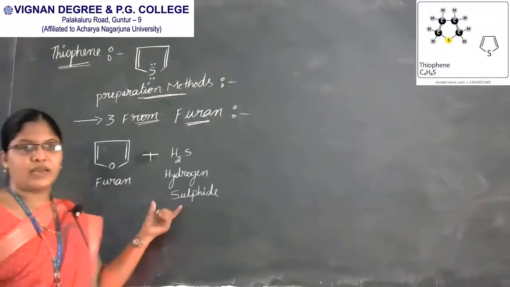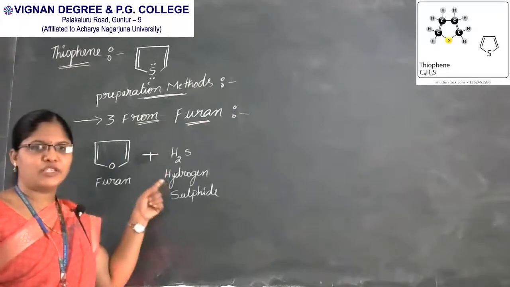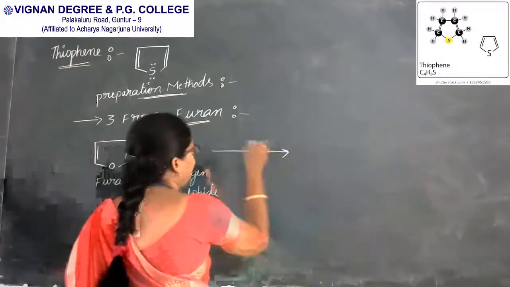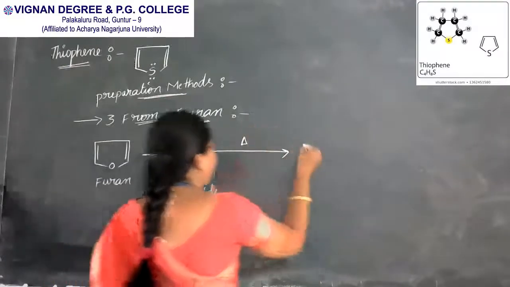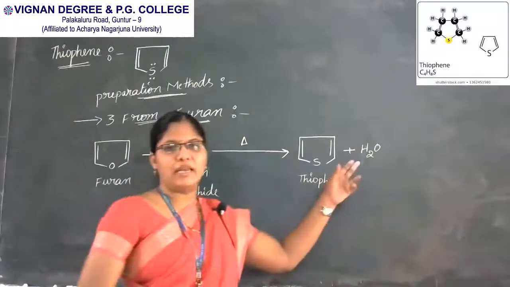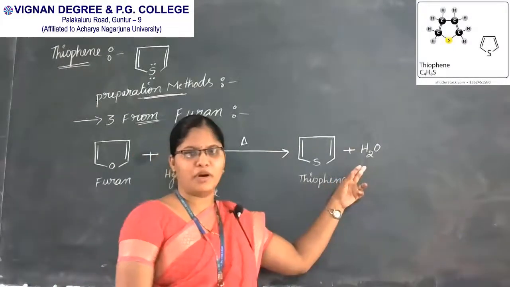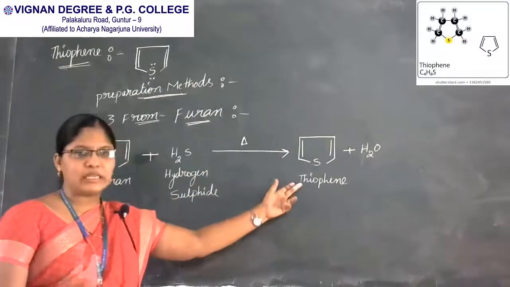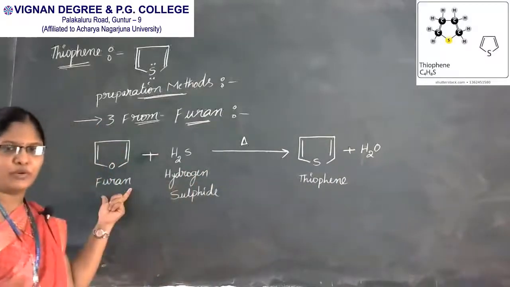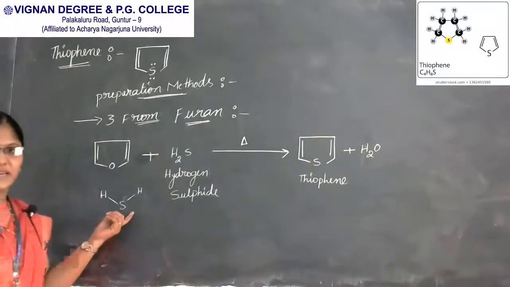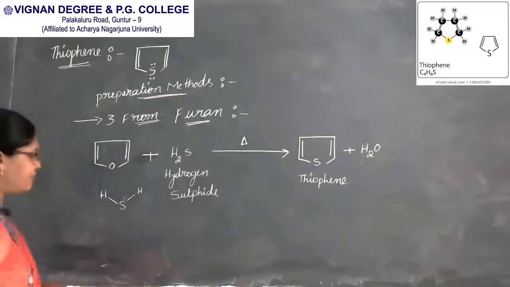Furan reacts with hydrogen sulfide, and thiophene is formed by the elimination of a water molecule. How do we get thiophene from furan? Let us see here. We write hydrogen sulfide here.